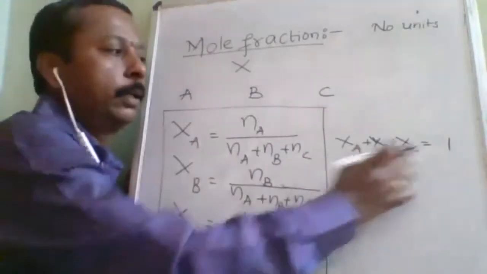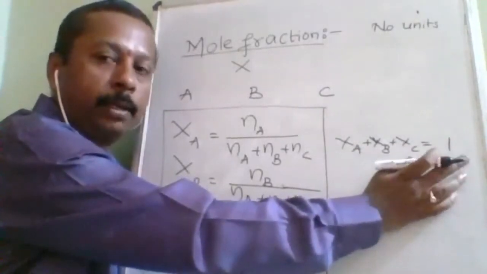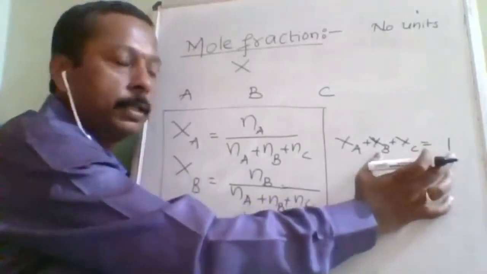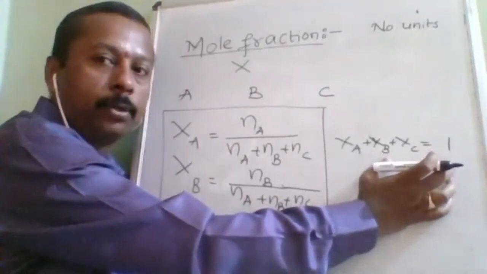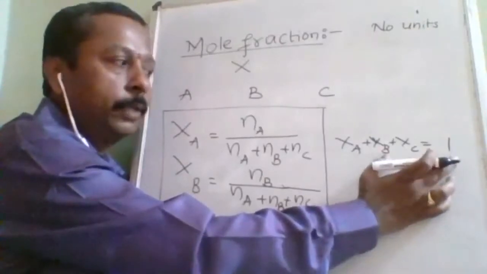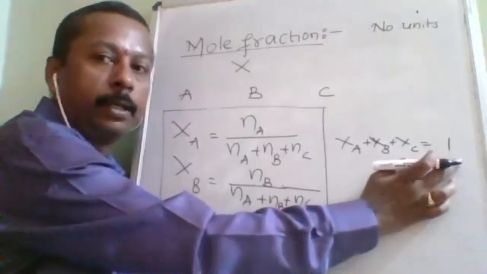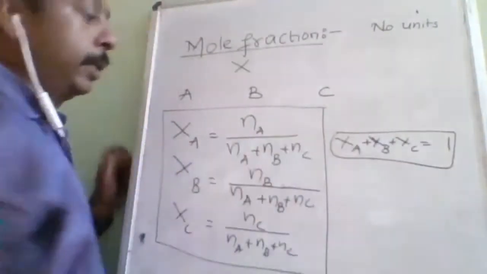If 10 components are there, it is going to be 1 only. If 5 are there, it is 1 only. If 2 are there, it is also 1 only. Irrespective of the number of components in the solution, the sum is always 1. XA plus XB plus XC is equal to 1. So these are the two things you should understand.